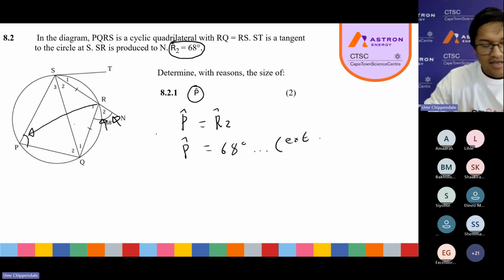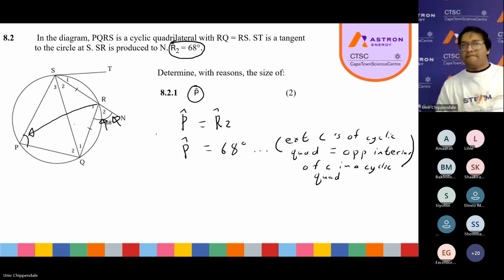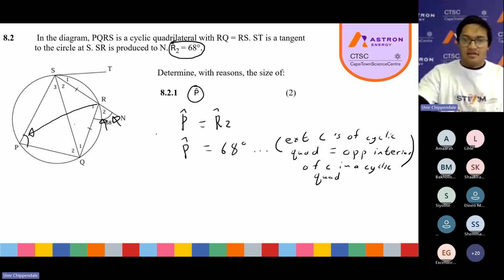So there you can say exterior angle of a cyclic quad is equal to the opposite interior angle of a cyclic quad. Everyone still understand? Everyone still with me? Right. So see, that's nice, quick and easy for us.